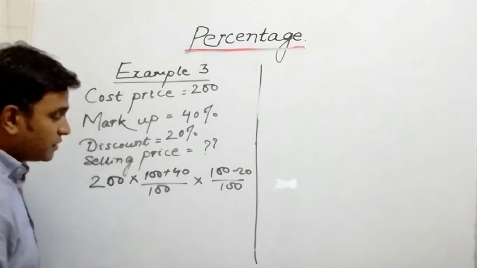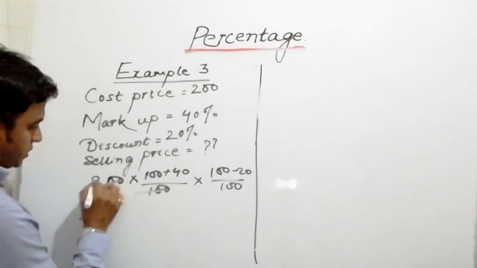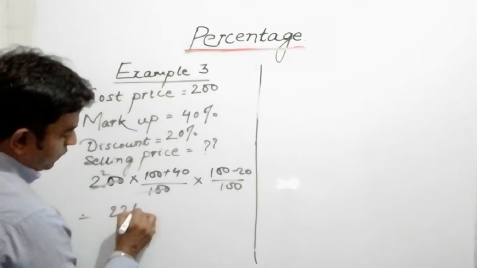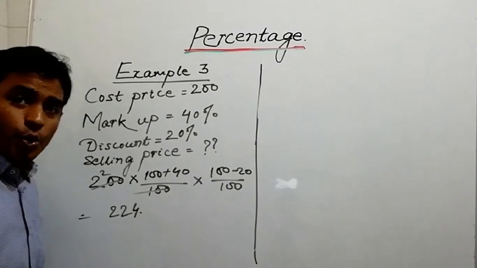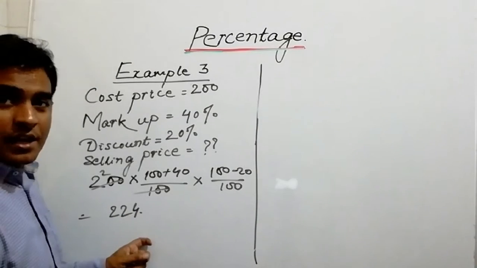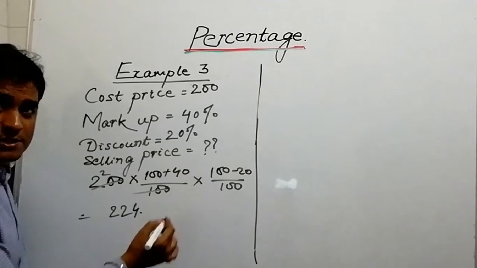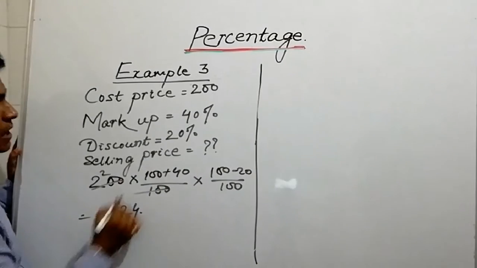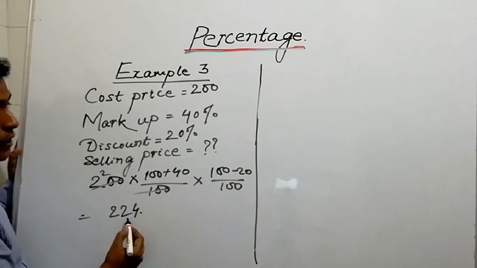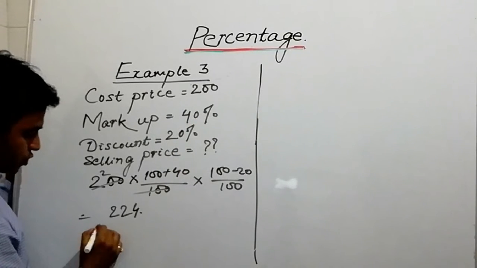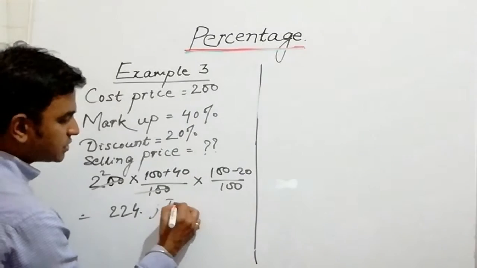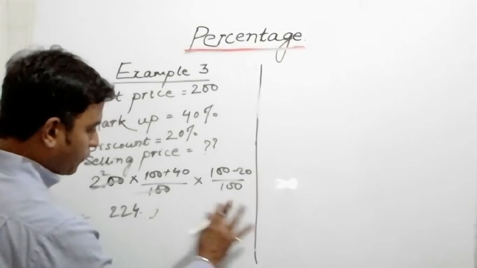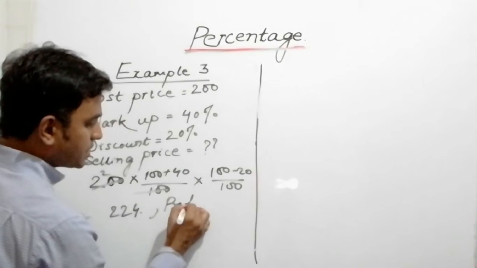This will give you the final price, which is 224. Okay? If it is asked what is the profit percentage, what is your increase? 224 minus 200. So your profit is basically 24 rupees.